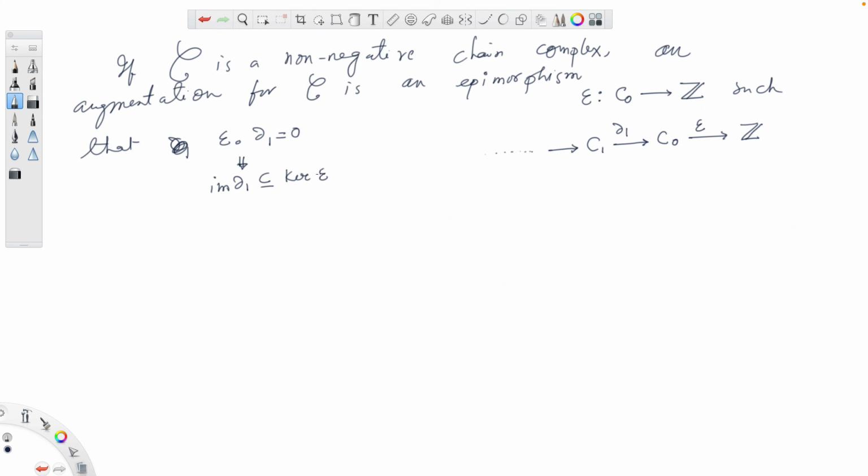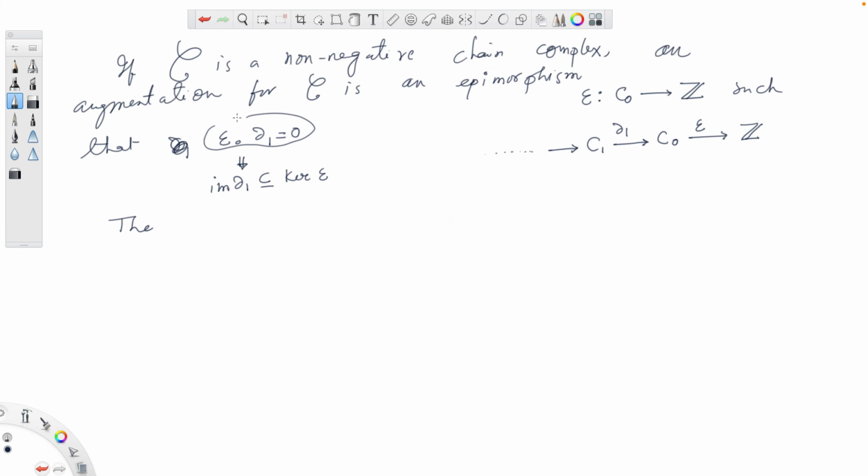So we are given this non-negative chain complex, and we add this epimorphism to it so that this is fulfilled.